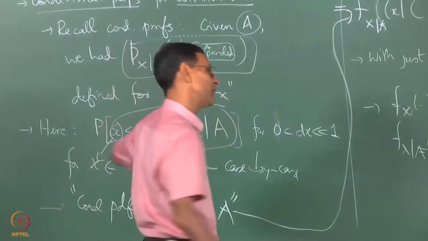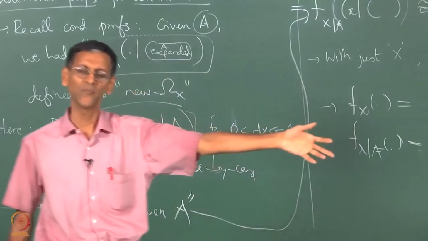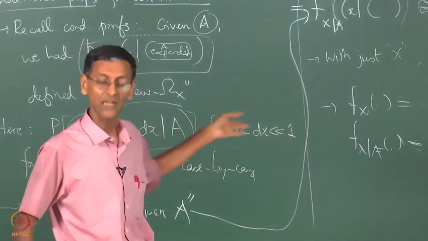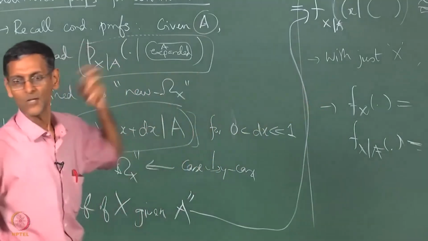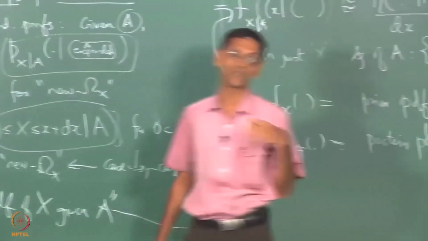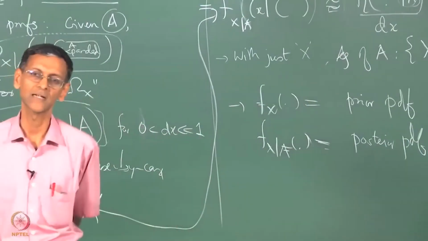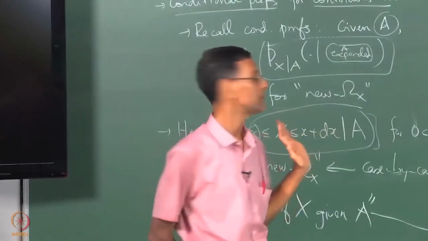If you knew for sure that the device is not going to work beyond a certain time frame, then obviously you cannot condition on an event which is impossible, that is, put x naught bigger than that time frame. So in all of this we assume that conditioning on this event a makes sense. Otherwise the conditional probabilities and conditional PDFs cannot be calculated.